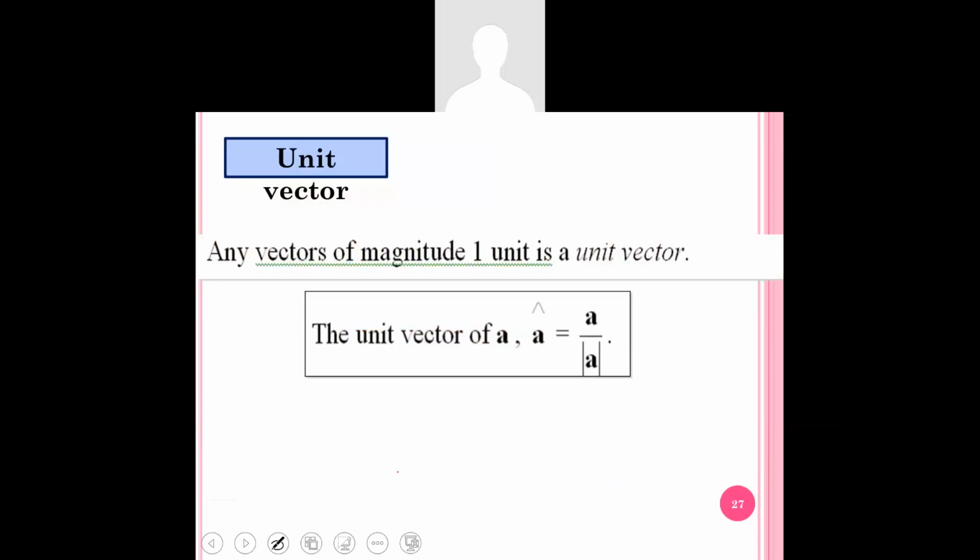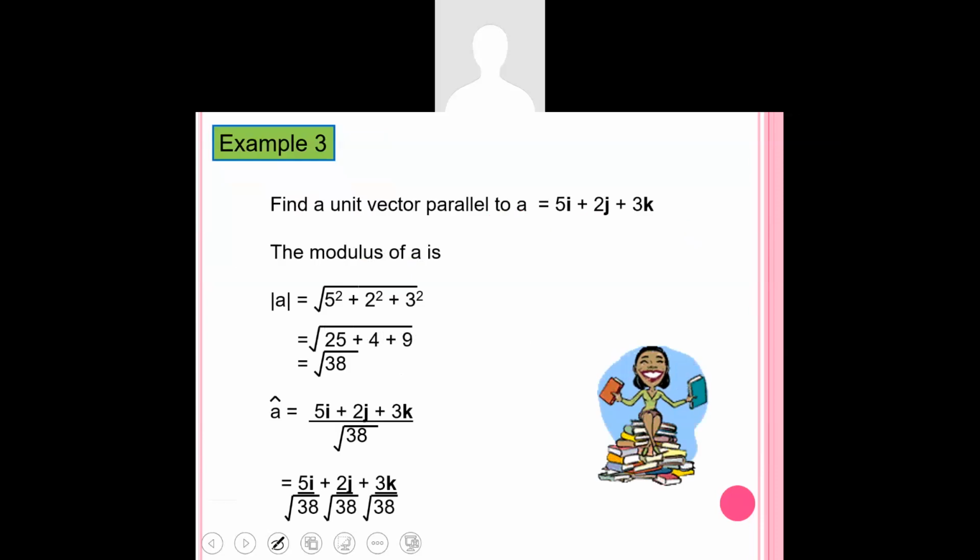So the unit vector is also very important, often forgotten by a lot of people. A unit vector basically means that the magnitude is only one unit, therefore it is called the unit vector. So remember, it is only one unit. How does this happen? You take the vector and divide it by the magnitude. So find a unit vector parallel to the vector A, 5i plus 2j plus 3k.